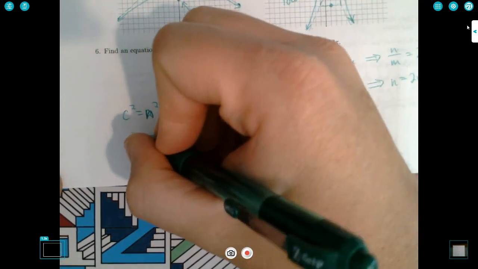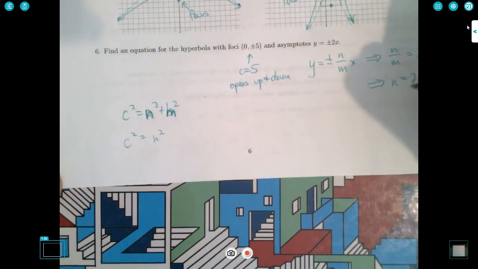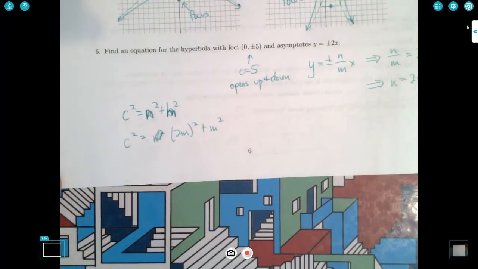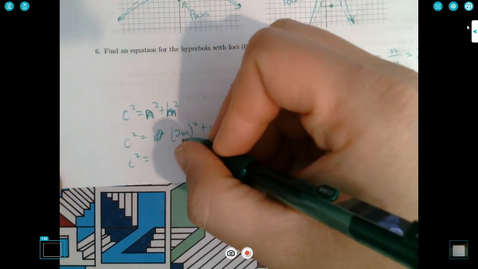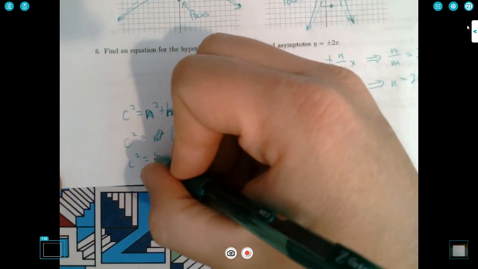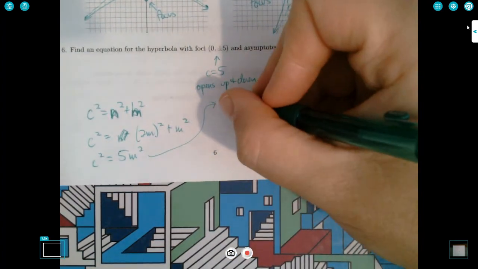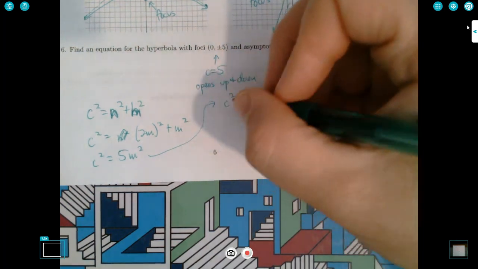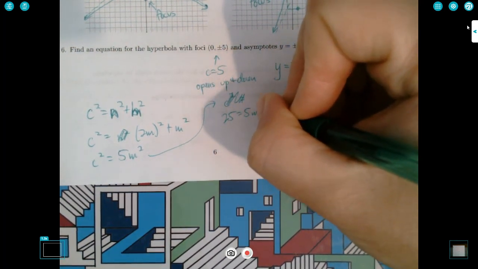So then I can say c squared equals, sorry, n is 2m, so c squared equals 2m squared plus m squared. So c squared equals 4m squared plus m squared is 5m squared. c is 5, so c squared is 25 equals 5m squared.